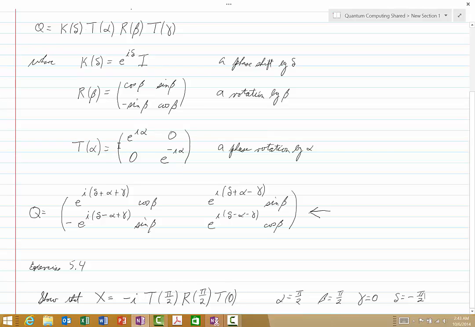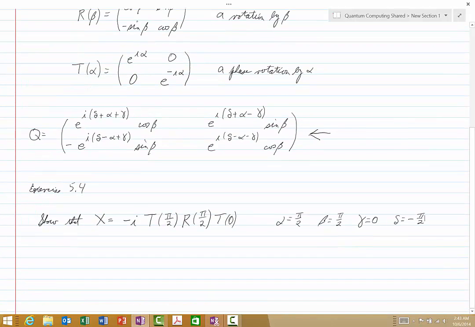Well, T of 0 is easy. That's just going to be the identity matrix. So you could get all of these matrices and multiply them out and see whether or not you get X. But what I'm going to do instead is just substitute directly into this final result that the book has obtained and see if we get X. That is essentially the same thing. So let's see if we will indeed get the desired answer.